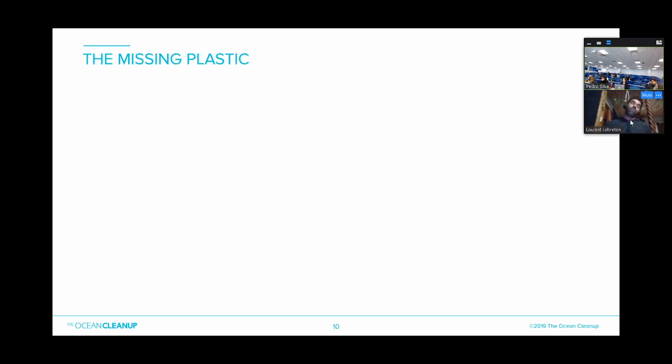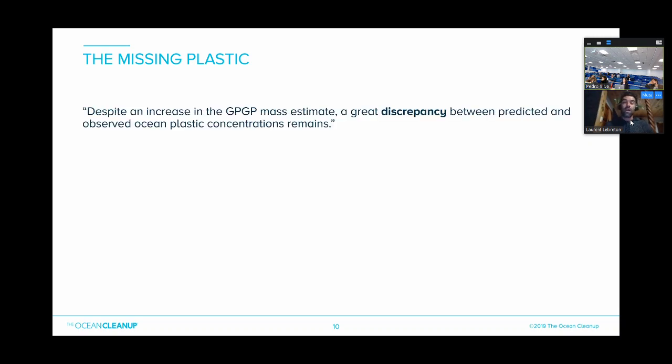The study concluded based on our research at the moment, trying to understand the missing plastic, right? We found a lot of plastic, 80,000 tons of plastic floating at the surface of the garbage patch. This is still way less than what we think should be there.